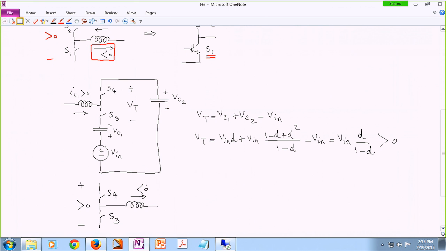So again, we are looking at the fourth quadrant switch realization. So S4 is a diode, and S3 is a transistor. Okay, and that's it.